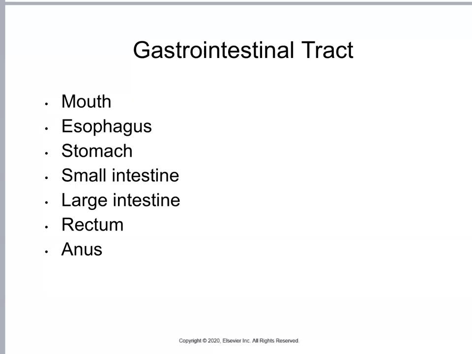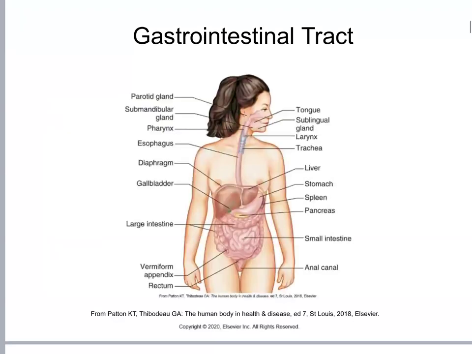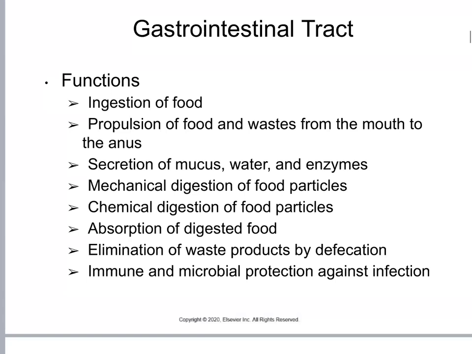So here is a picture from beginning to end of where digestion starts with the mouth all the way to the rectum. So the GI tract just has a lot of functions that I briefly went through. But this is where food is ingested, mechanical and chemical digestion happen, and elimination occurs.